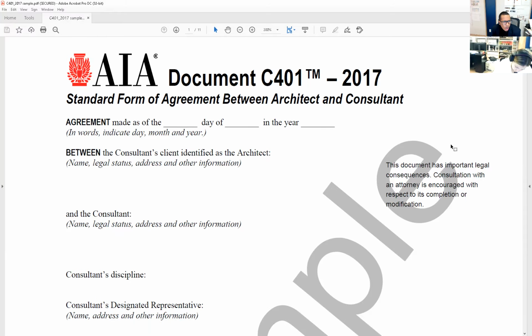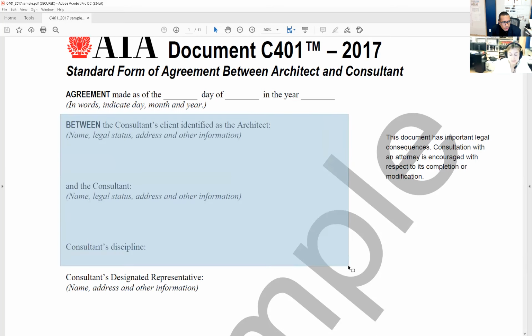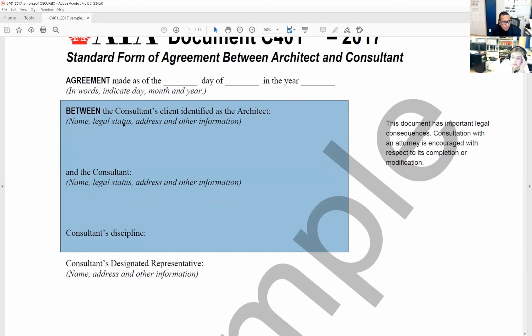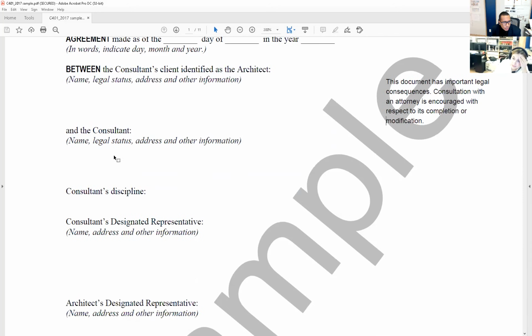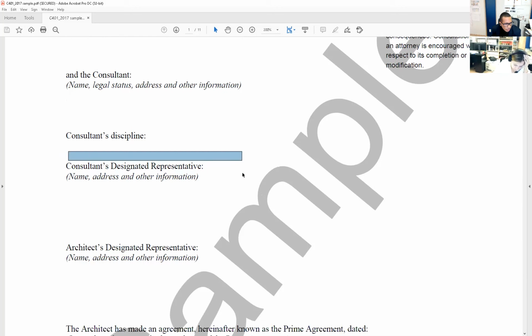And just like the B101, it has a date to it, and it states who the parties to the contract are. It also says who the architect is, who the consultant is, what the discipline is, right? It could be anything. It could be interior design. It could be any consultant form.